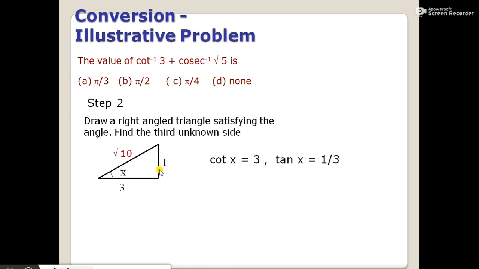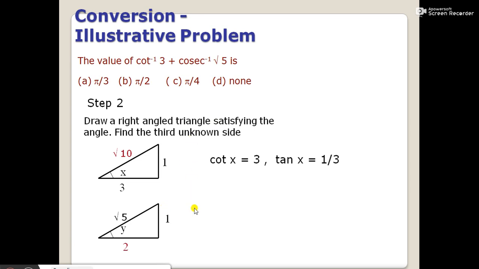And now find tangent x, that means perpendicular upon base, 1 by 3. And here we have to find tangent x, as we have the formula for tangent inverse x plus tangent inverse y. That's why we have to convert this into tangent x and tangent y.